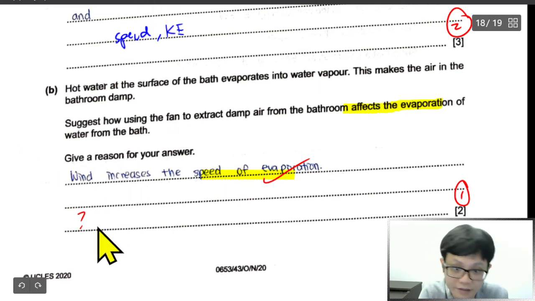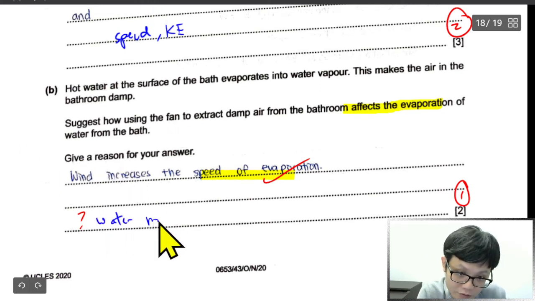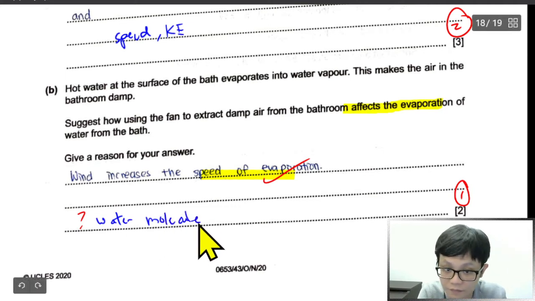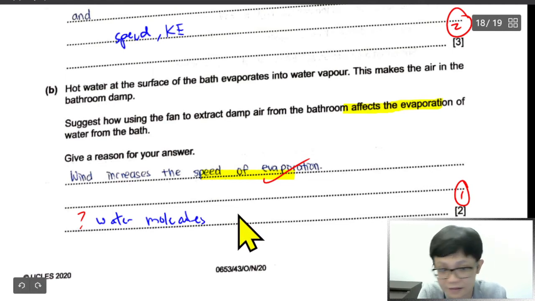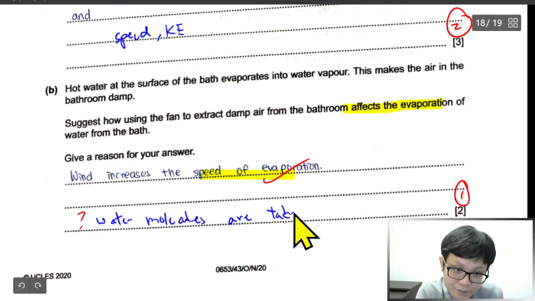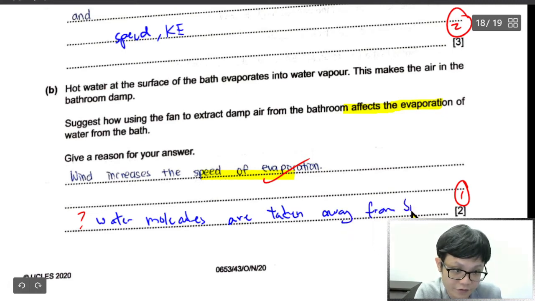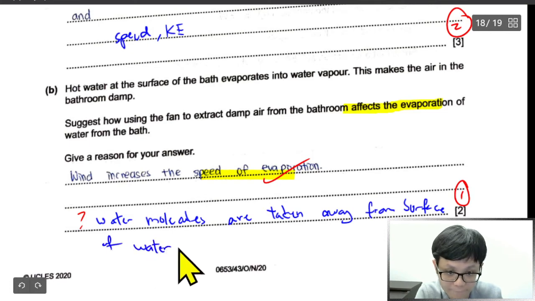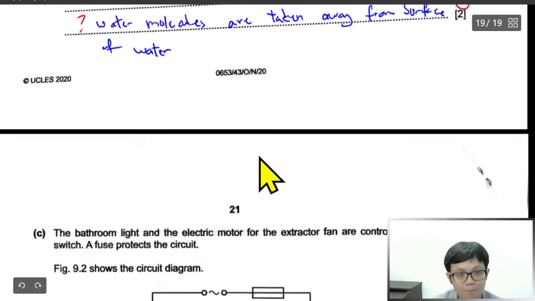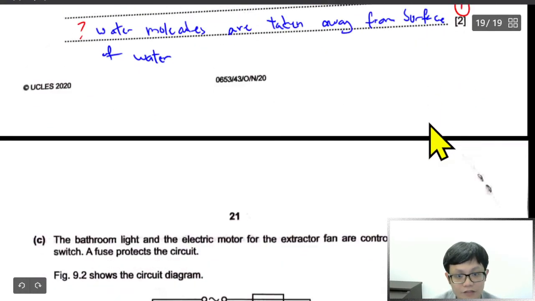So I just write: water molecules are taken away from the surface of water. Easy, so that is another mark for this question.